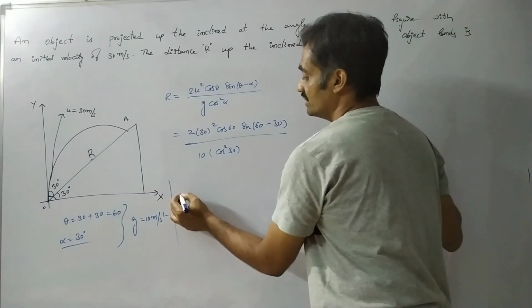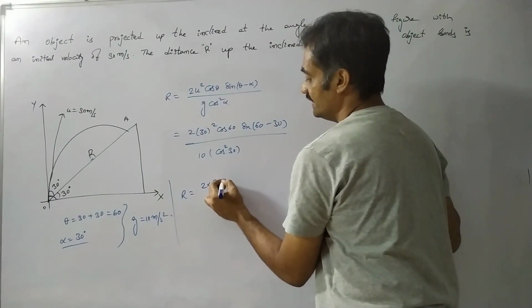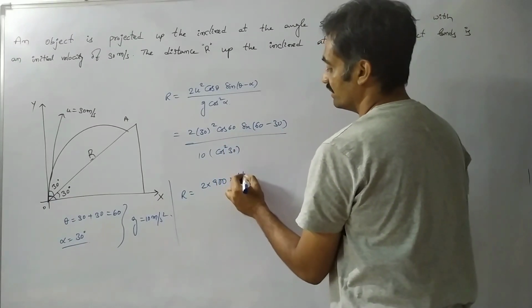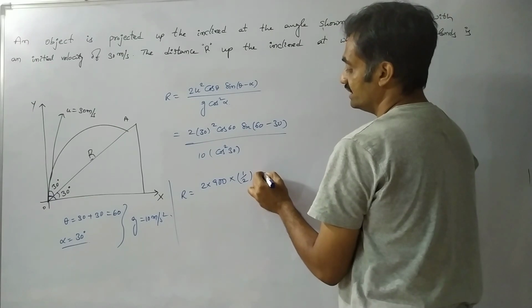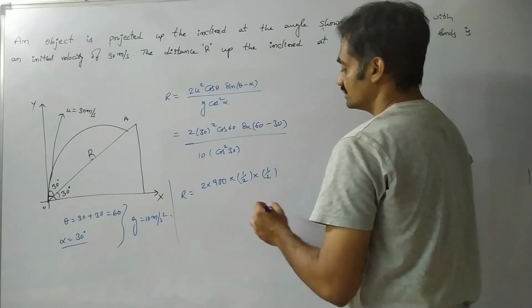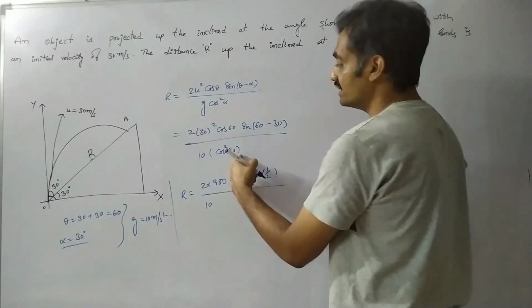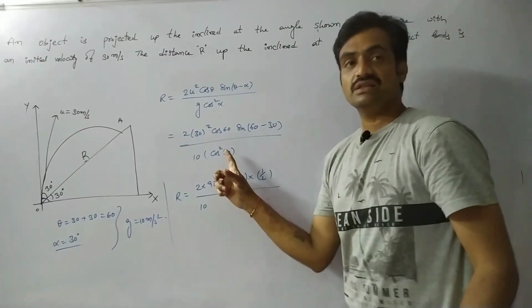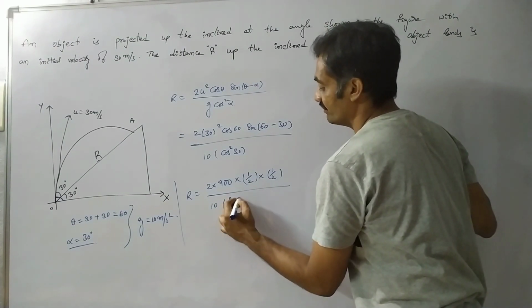Observe that here we have R = 2 into 900, and cos 60 is 1/2, into sin 30, which is 1/2, divided by 10 into cos² 30. We know that cos 30 is root 3 by 2, and (root 3 by 2) squared is 3 by 4.